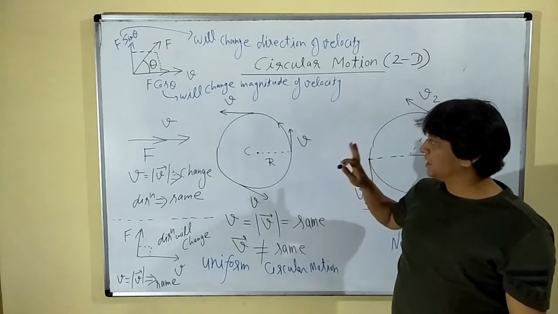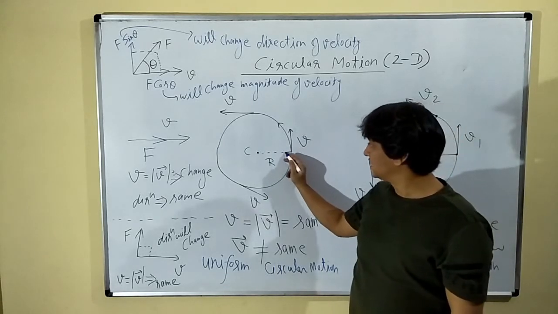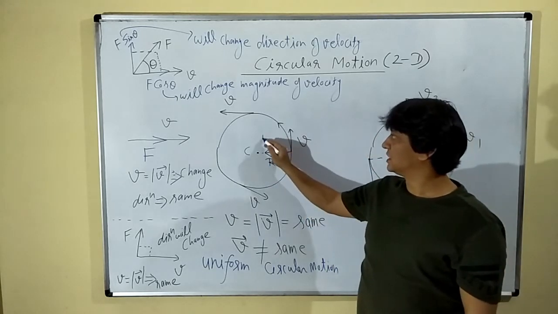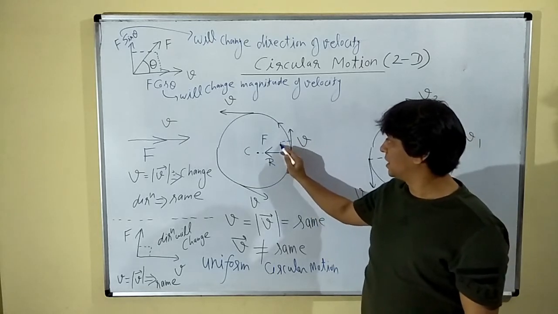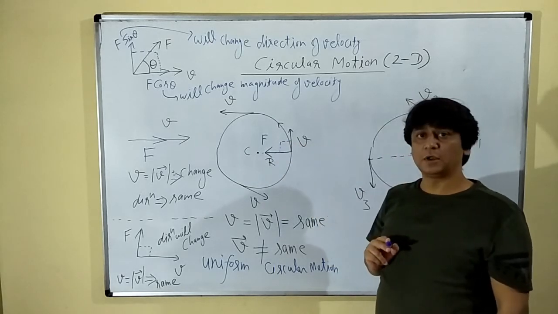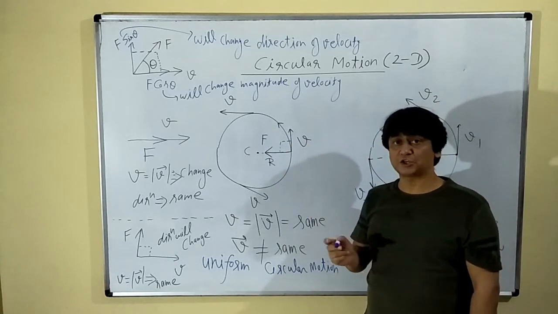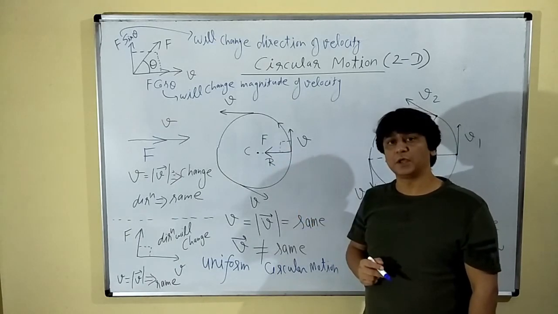Which means in this first situation, force is in this direction. This is the direction of force. कहाँ लग रहा है? 90 पर. इसलिए केवल क्या इसने प्रोड्यूस किया है? डायरेक्शनल चेंज.